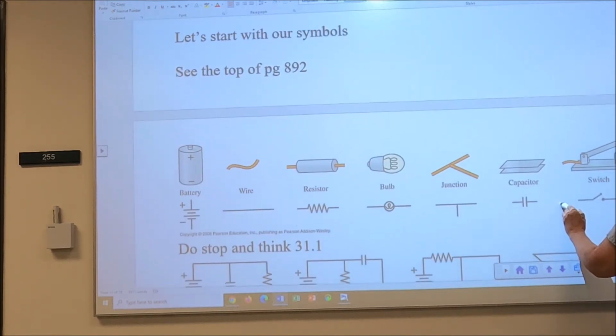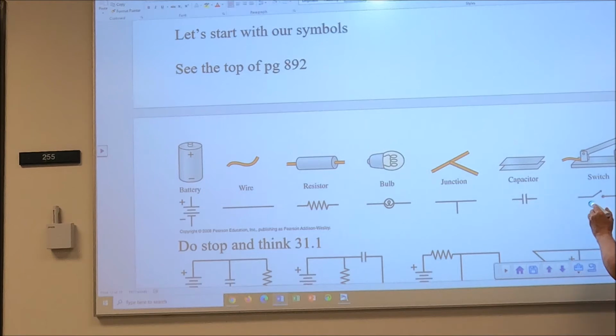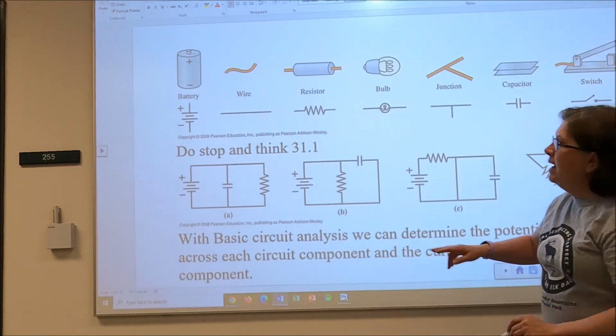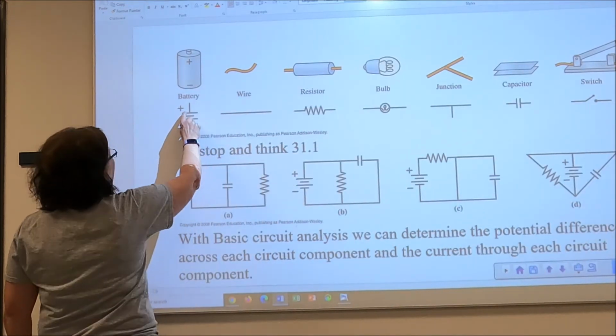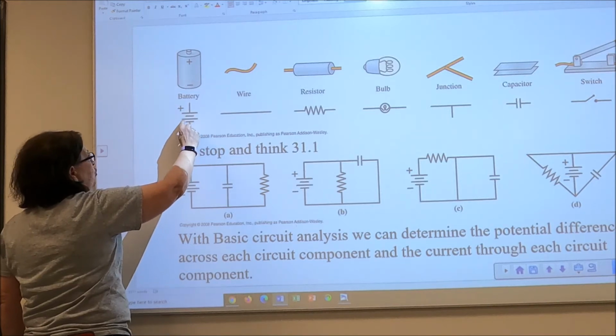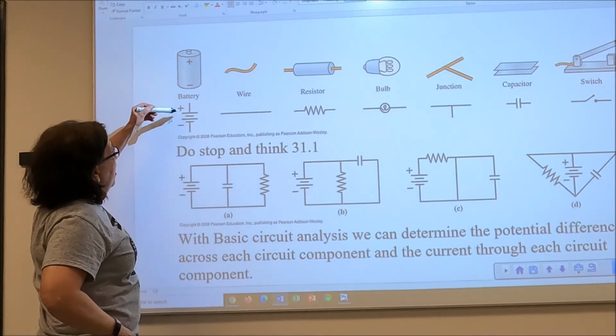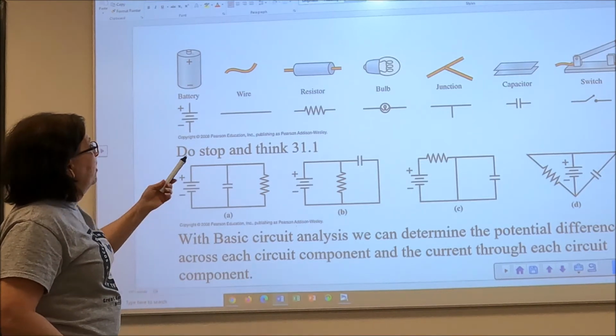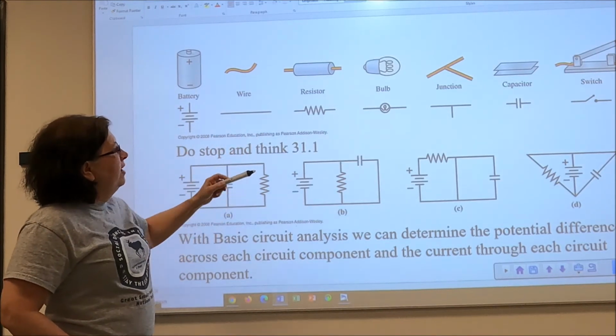Now, as we look at circuits, we're going to start using symbols to represent things. A battery is represented by parallel lines, long lines and short lines. The longer line represents the positive side, the shorter line represents the negative side. A wire is just a straight line.